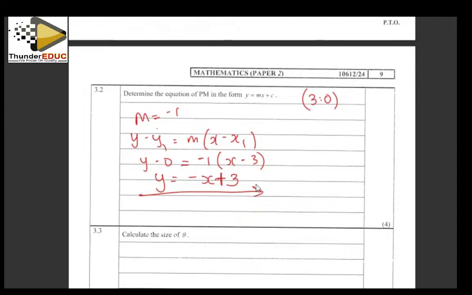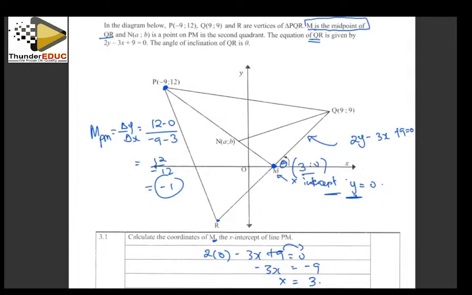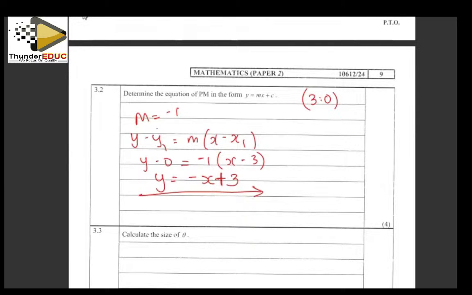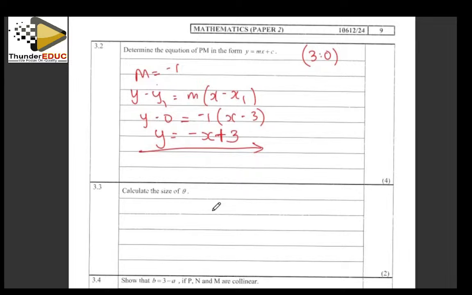Okay, we need to find the size of theta. So what we're going to do here is find the gradient of QR. From this equation, we can find the gradient, or you can use these points Q and M. So the gradient of QR, we're using (9, 9) and (3, 0).